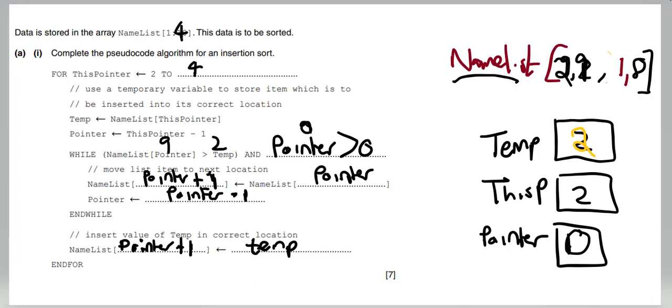We then go back to the start of a loop where we're now going to be on number 3. So if I just get the eraser out, let's change the size of my eraser.